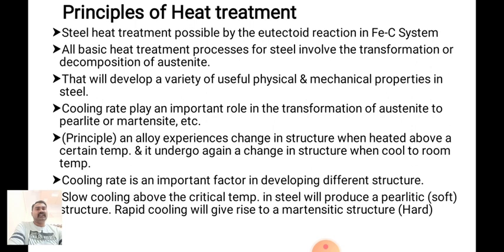As I already explained, by the transformation or decomposition of austenite, the useful physical and mechanical properties in the steel will increase.